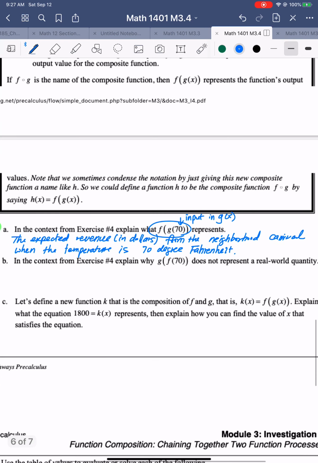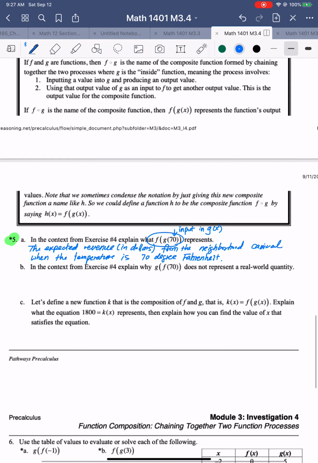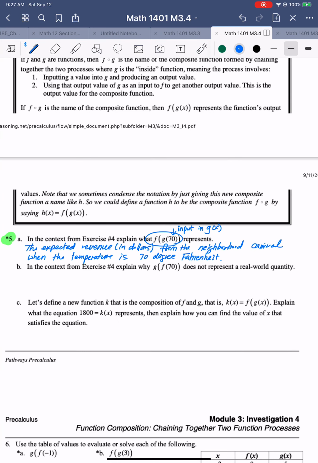B. In the context from exercise 4, explain why g of f of 70 does not represent a real world quantity, okay? Because this time the 70 is the input for the f function. So for the f function, 70 is the number of people.